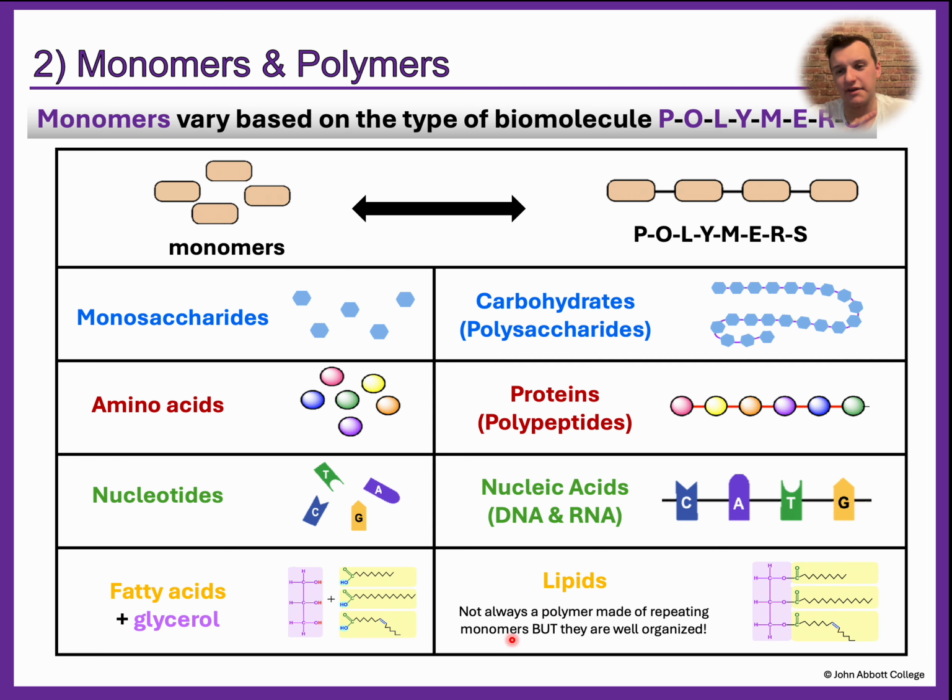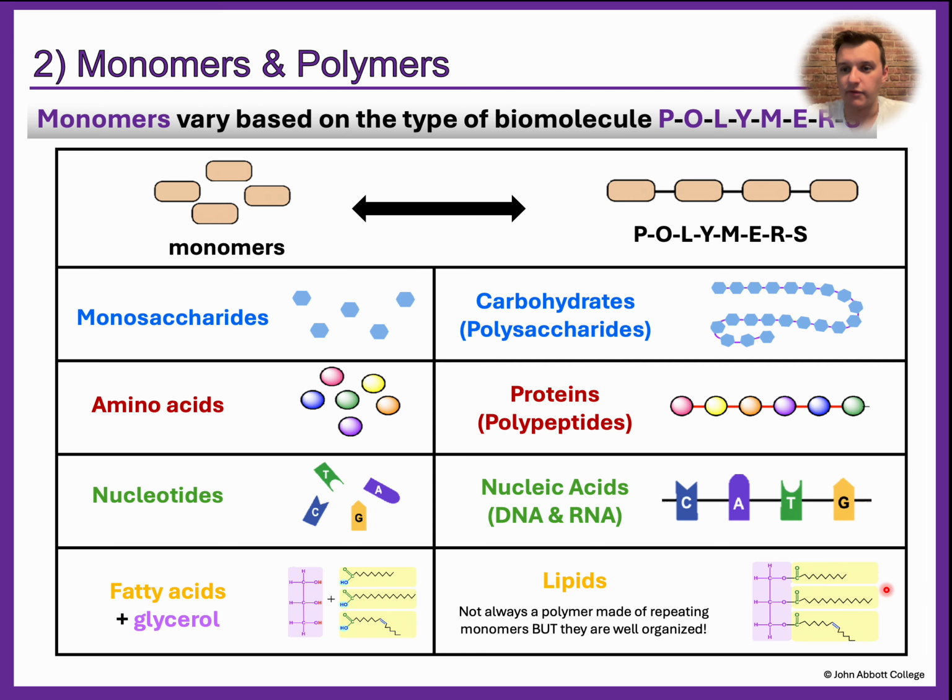Lipids have a weird exception, but they are well organized regardless in smaller bits and bigger bits. There's a bit of definition specificity that I don't think we need to dwell on too much. But this is how we make up this fat molecule. This is what you store in fat cells in your body. So these 3 fatty acid chains and the glycerol come together to form lipids.